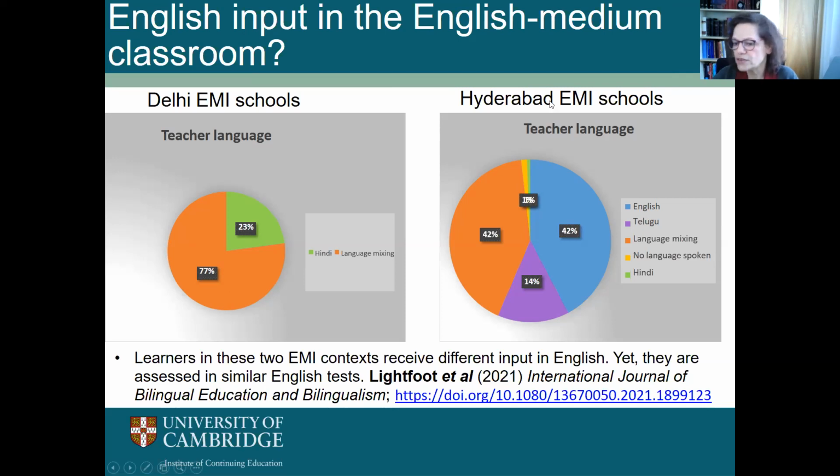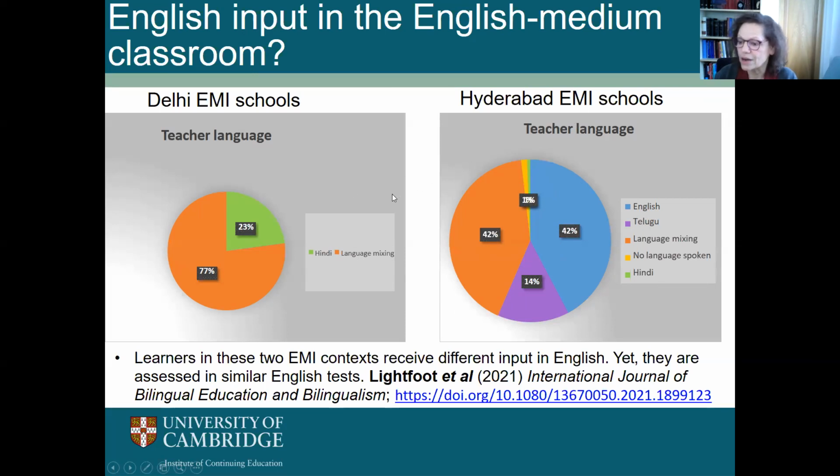If you turn to Hyderabad schools that are English medium instruction schools, you see a different picture. We do have English used on its own in class by the teacher, but we also have language mixing. We also have the regional language, which is Telugu. So these children all go to English medium schools, but the input they receive is different.